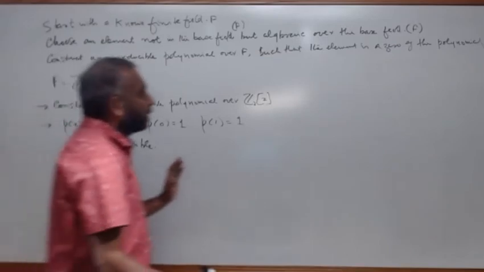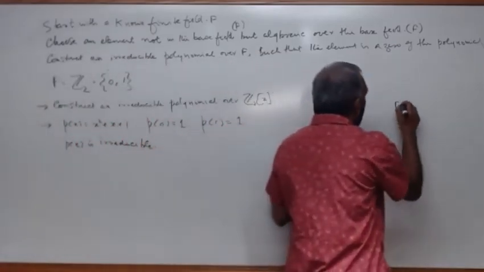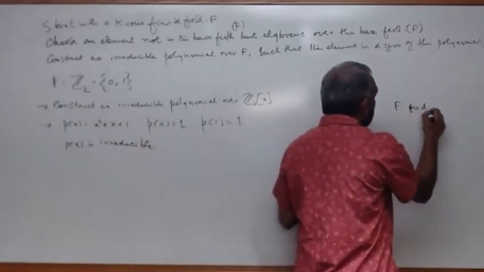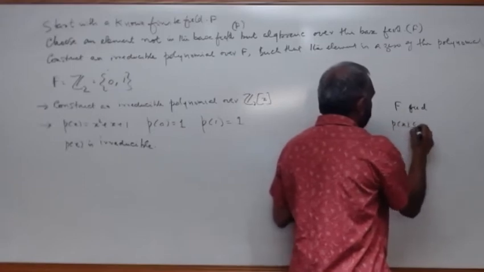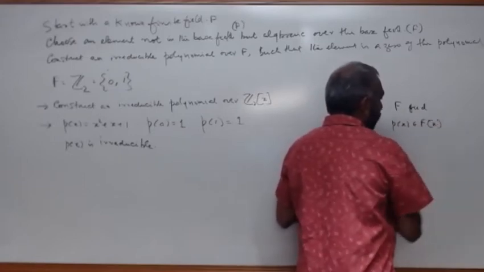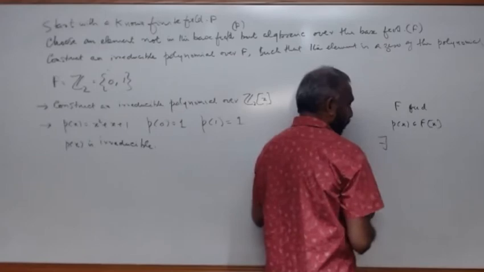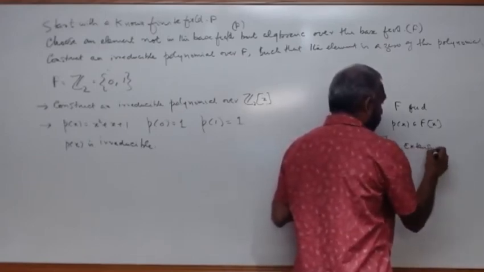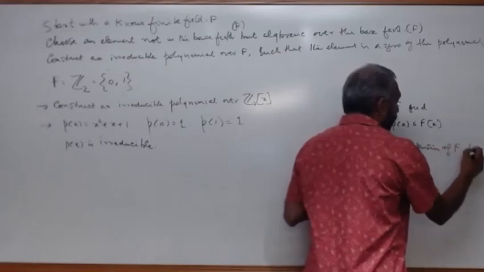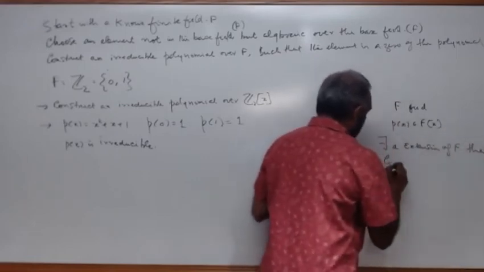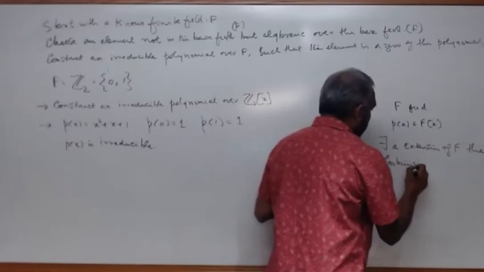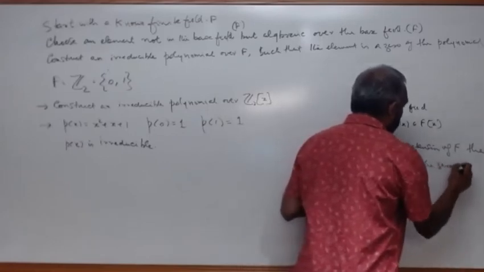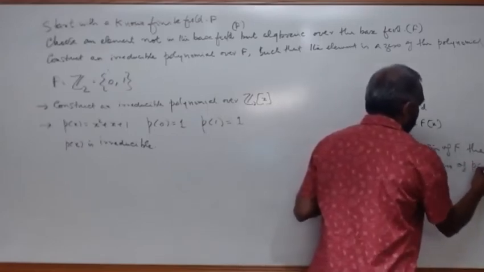Now we have a theorem. F is a field and P(x) belongs to F[x]. Then there exists an extension of F that contains a 0 of P(x).